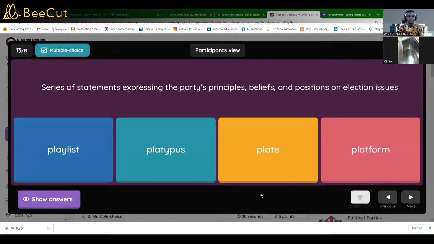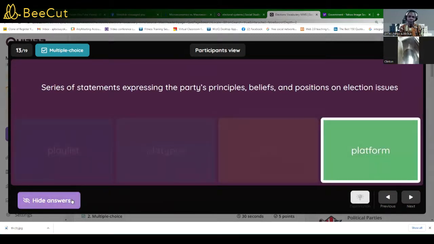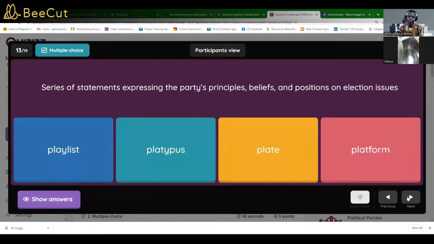A series of statements expressing the party's principles, beliefs and positions. That's the platform.